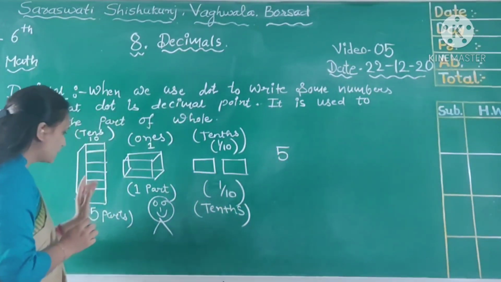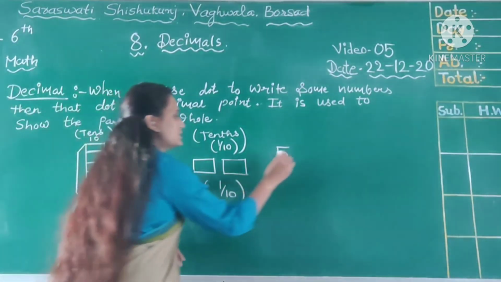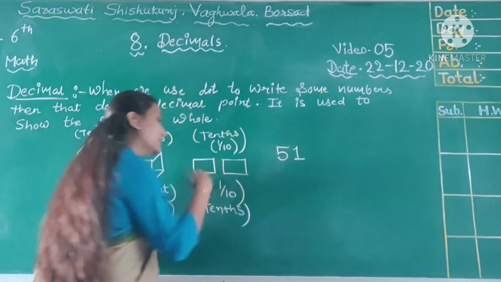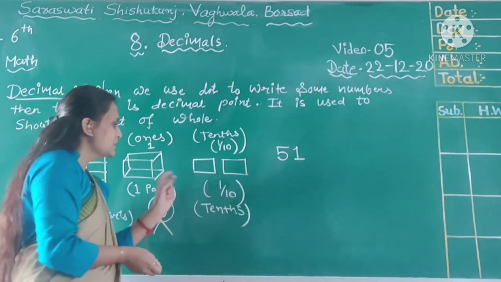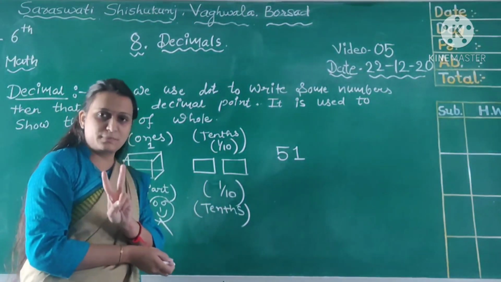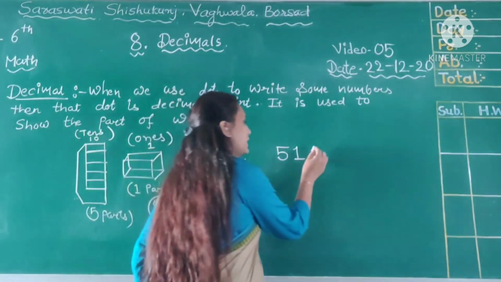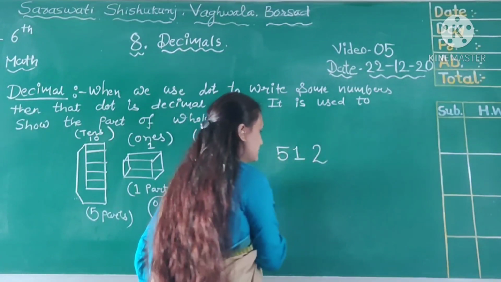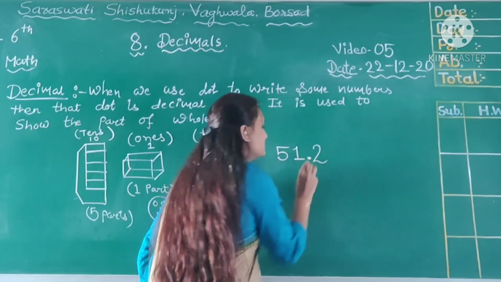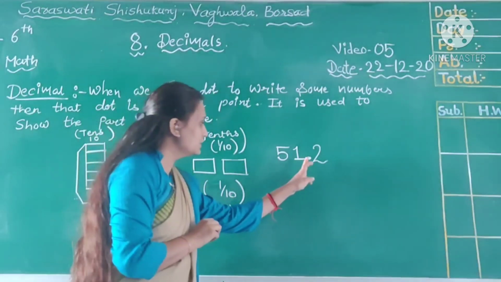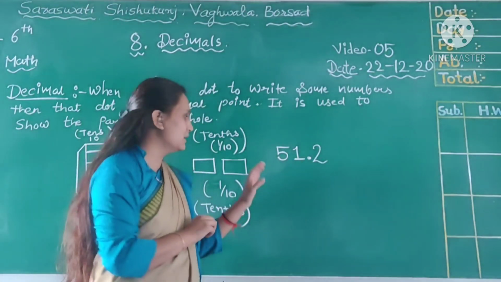Then we have shared one piece with one friend. So this is one piece. Then after we have divided one part into tenth place, 2 pieces are there. So we can write tenth place 2 pieces. The tenth place is defined by decimal. So this number is known as a decimal number.